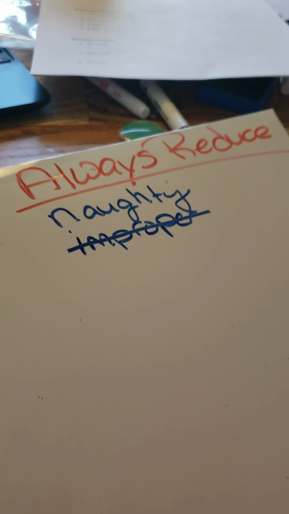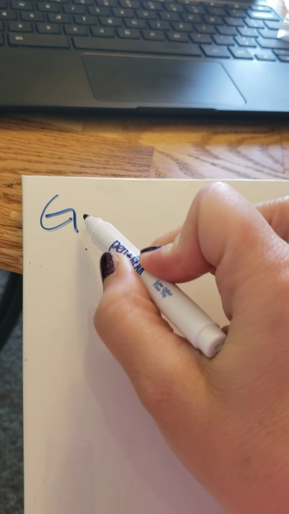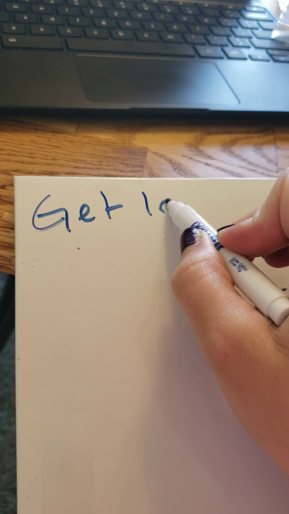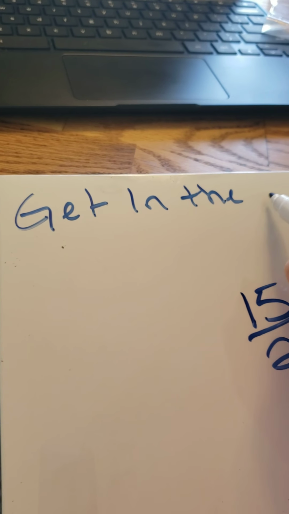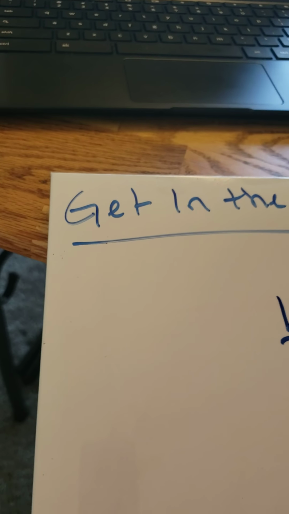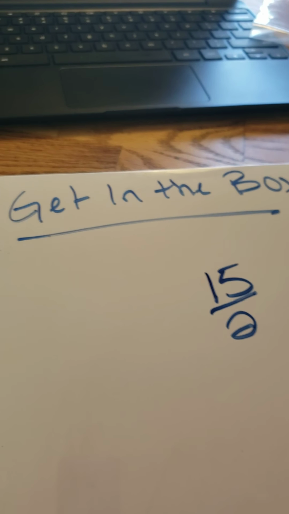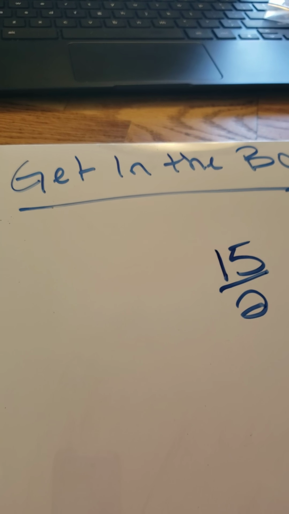They are naughty, they are improper, and you get to scream 4 words at this player. Those 4 words are: get in the box. It flashes on the Jumbotron, get in the box. That's what you scream at these naughty lacrosse or hockey players.